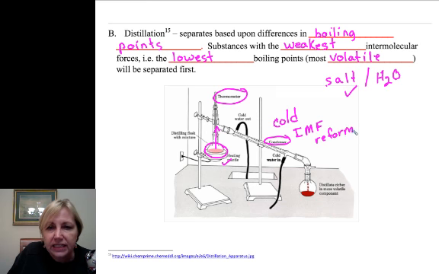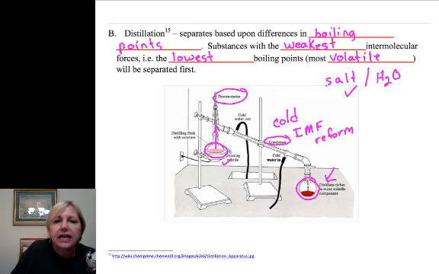In other words, it will condense into the liquid and you capture that liquid. It's called a distillate, the more volatile component. If you set this up properly, you in theory could change out these flasks in between and recapture a variety of substances. If it's just a mixture of two, you get one to come here, so you've got one substance in this flask and the second substance is left behind.